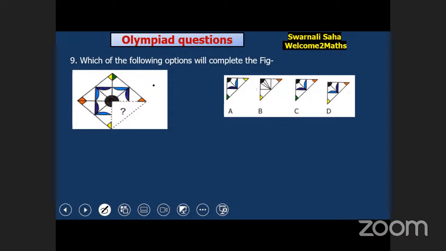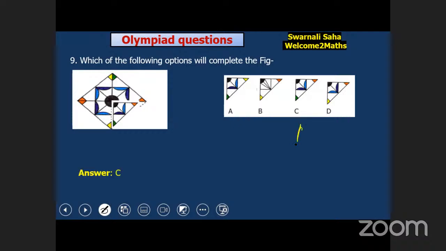You have to complete the figure, which would be the right one. D, C, B, all options are there. Chalo, let's see the answer then. Which option would be the right one? Just this one would be the perfect shape. So that is option C.